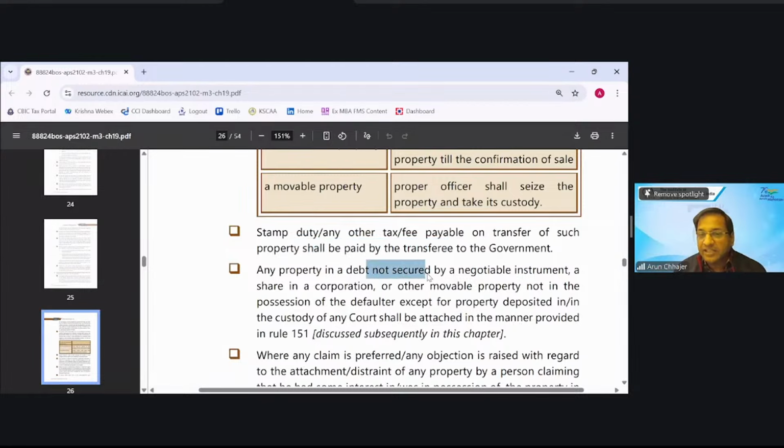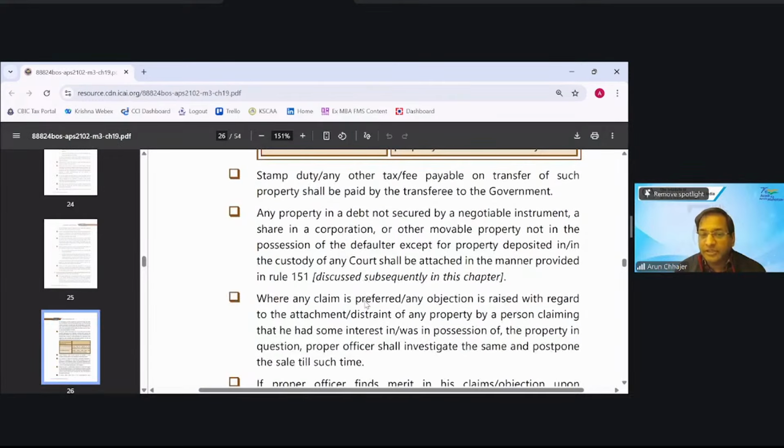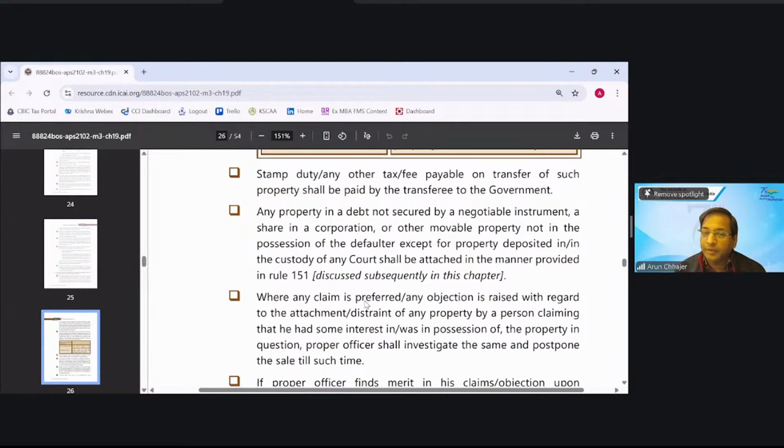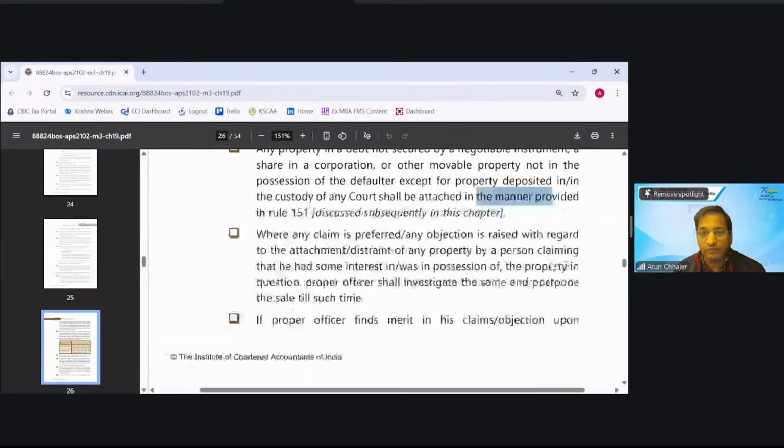Any property in debt not secured by a negotiable instrument, a share in a corporation, or any other movable property not in the possession of the defaulter, except for the property deposited in or in custody of court, shall be attached. जो प्रॉपर्टी कस्टडी कोर्ट में, उसके अलावा जितनी भी प्रॉपर्टी है, can be attached in the manner provided in the rule 151 that we will discuss later on.